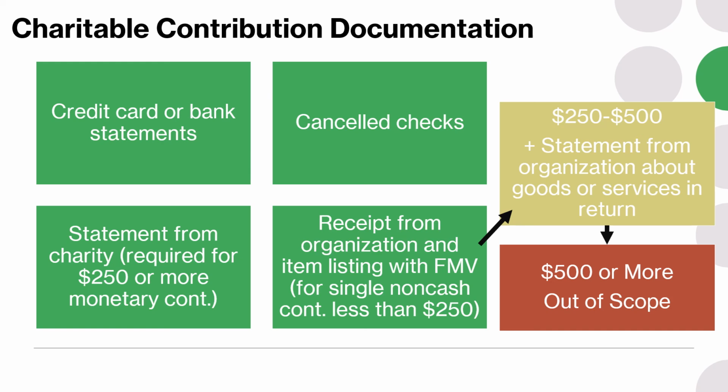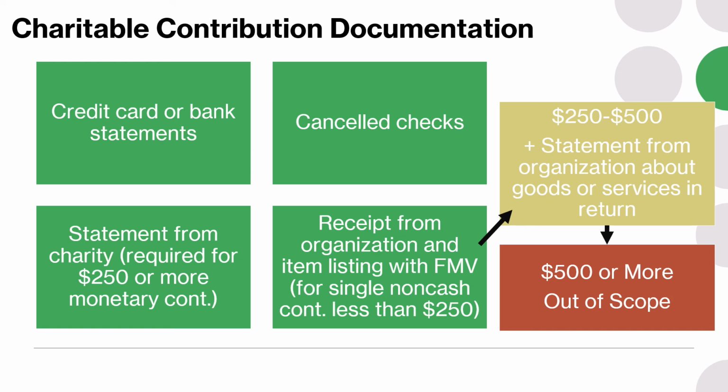Taxpayers don't have to bring in their proof of these expenses or charitable contributions. But we do need to make sure that they are aware that if the IRS ever came back and asked, they would want to see this documentation.